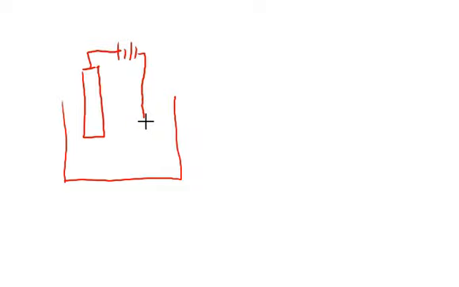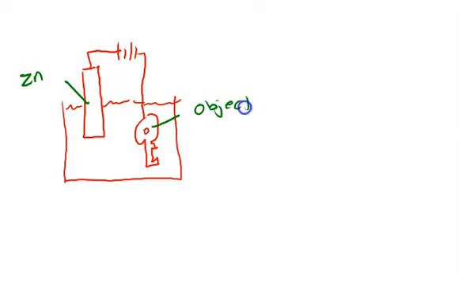This is the object, whatever object you want to plate, for example a key. Let's say you are going to plate it with zinc, so make sure your rod here is a zinc rod, and here is the object.